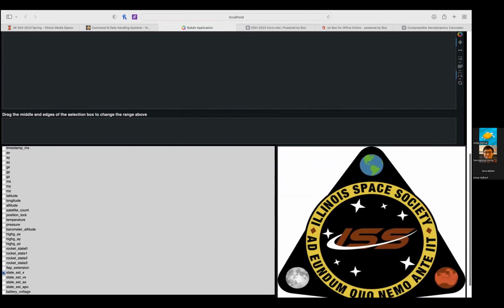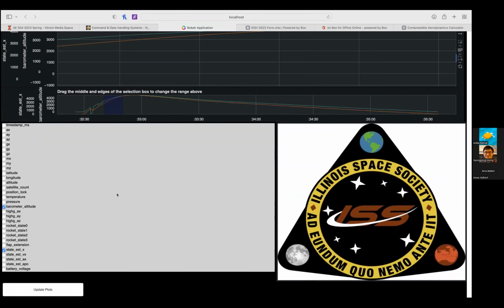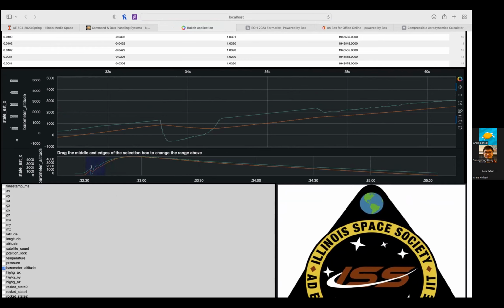And if you go to where the data happens, the orange line is the altitude as calculated by the Kalman filter, which also uses the accelerometer. You can see that it does pretty well. It does kind of dip over there, but it's obviously not nearly as pronounced as the barometer. That's pretty cool.